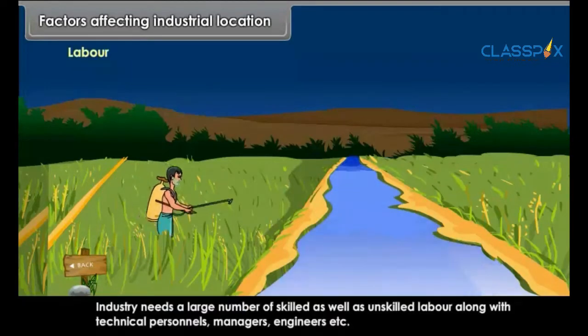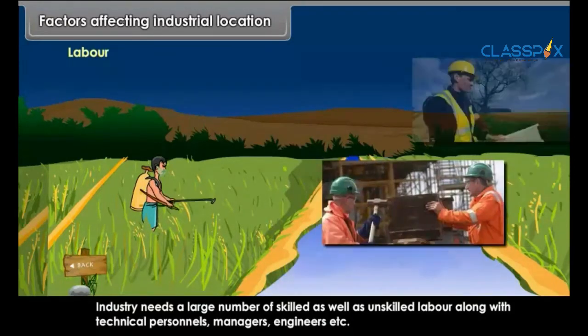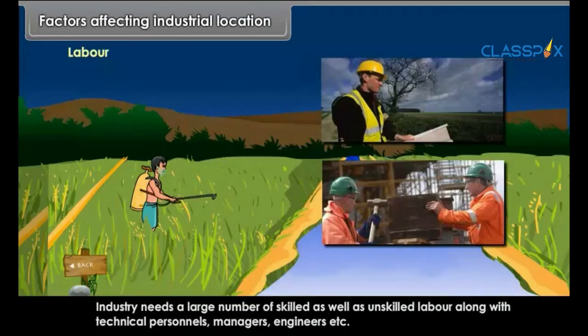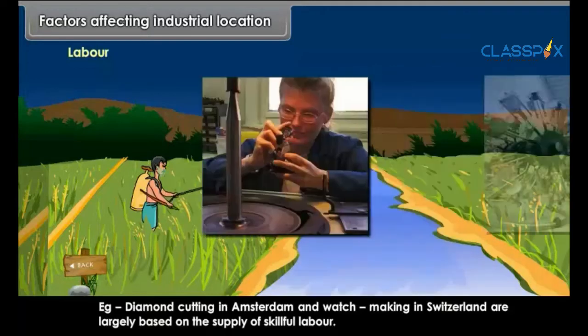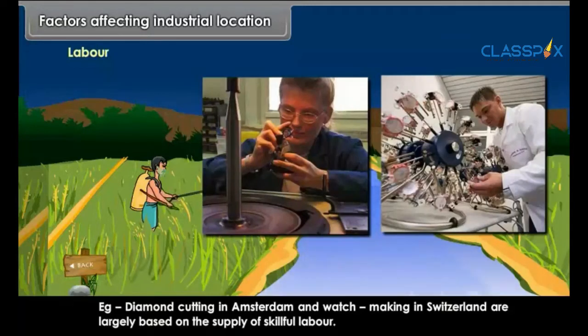Labor. Industry needs a large number of skilled as well as unskilled labor along with technical personnel, managers, engineers, etc. Example, diamond cutting in Amsterdam and watchmaking in Switzerland are largely based on the supply of skillful labor.